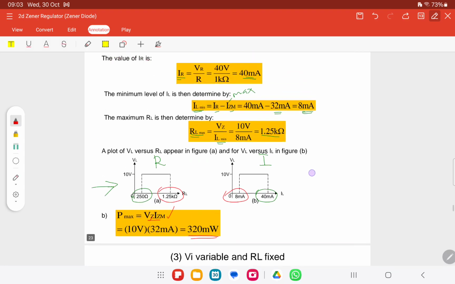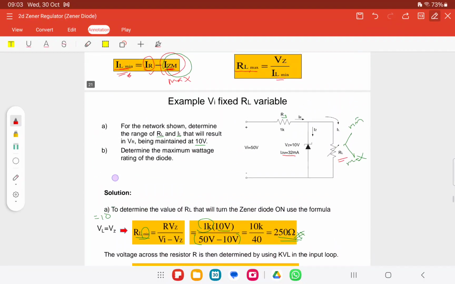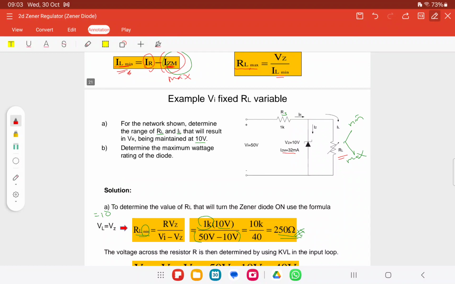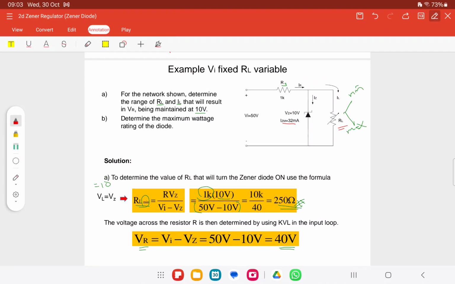Okay, this one is for the second one. Kita try change value nak. Kita tukar yang ni, kita tukar VR, kita jadikan, I'm not sure, kita cuba jadikan 12. What will happen?